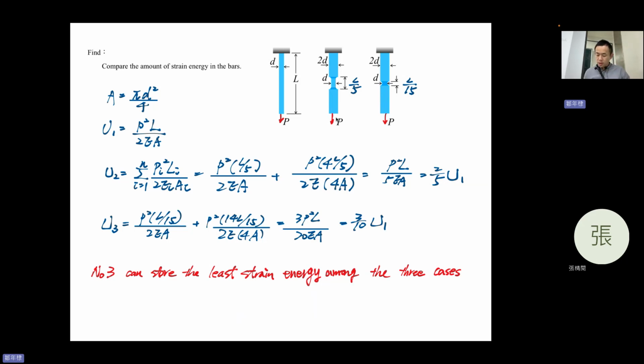So you see different cross sections, and they can store more or less strain energy.